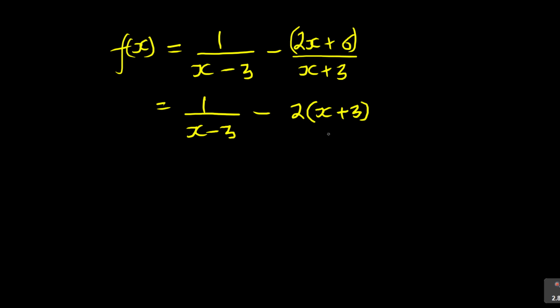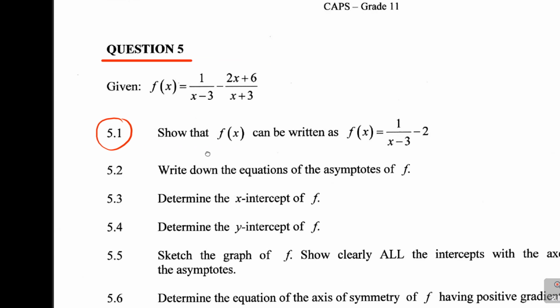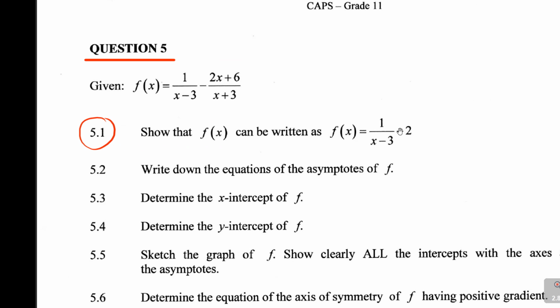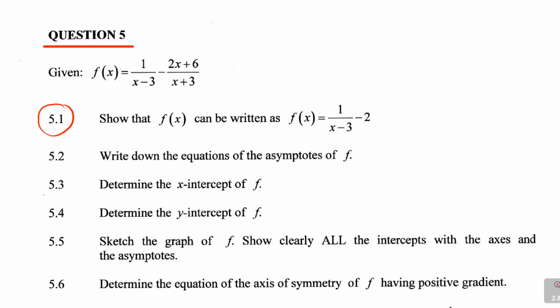So that's what I'm having, over x plus 3. That's where the trick was. Cancel that. So you get a 1, 1. So it's 2 over 1. This is 1 over x minus 3 minus 2 over 1, which is minus 2. And that's what they are saying here, to say show that this becomes 1 over this minus that. Alright, not complicated per se, but very important.